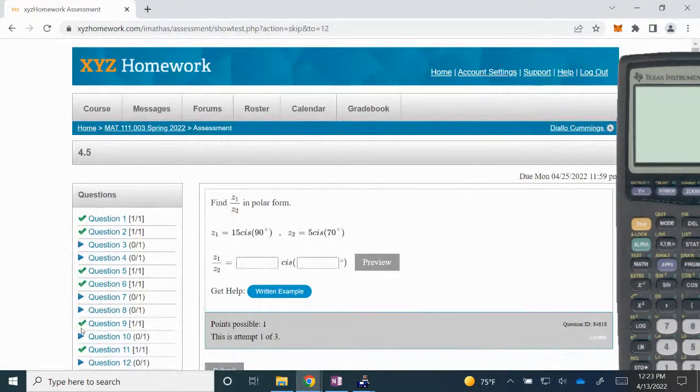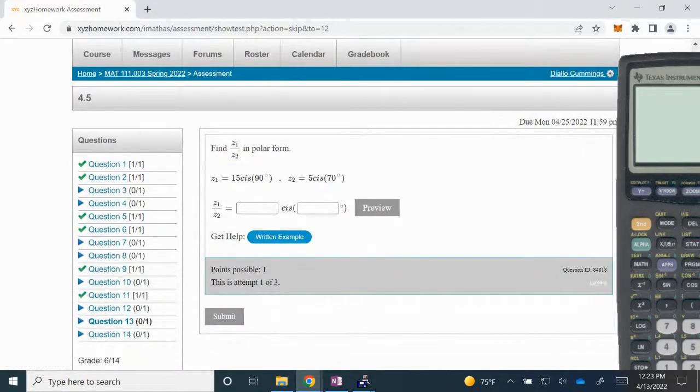So let's take a look at number 13. Right here we have 15 cis 90 degrees and 5 cis 70 degrees.